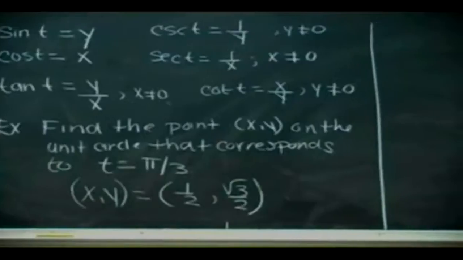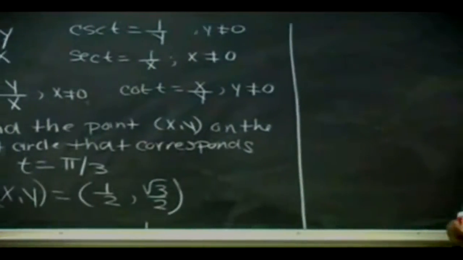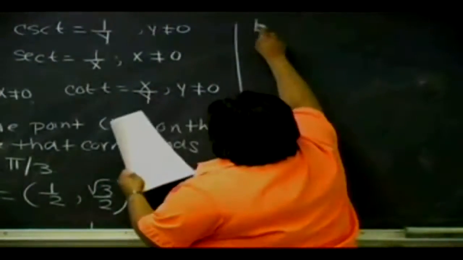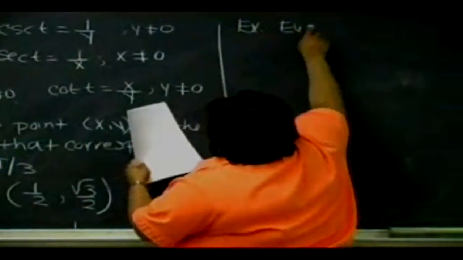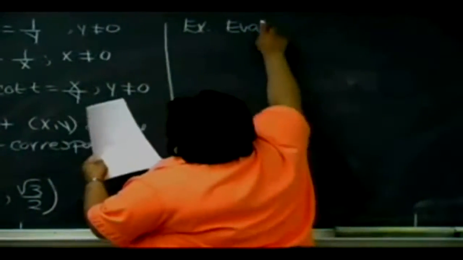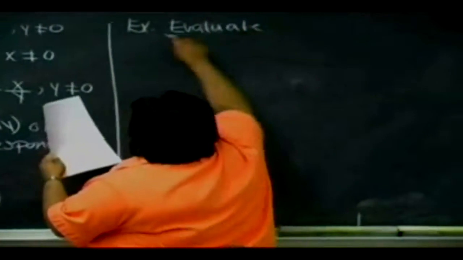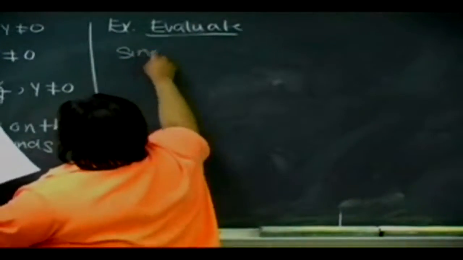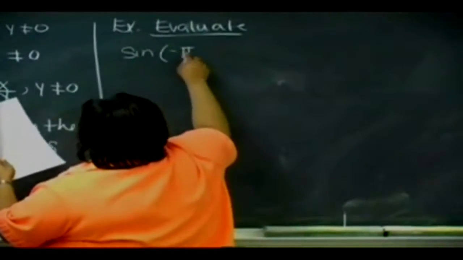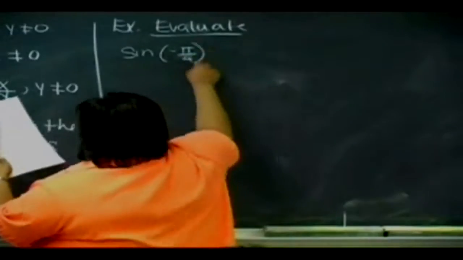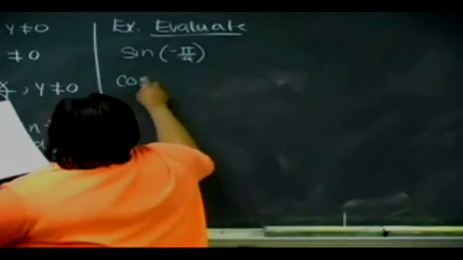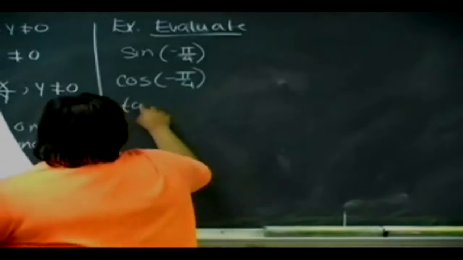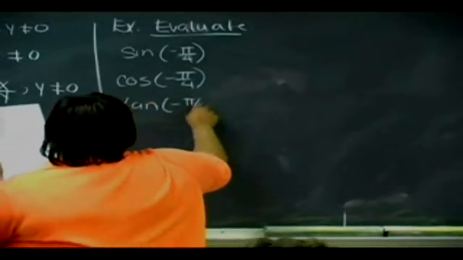Let's do some evaluating here. Let's evaluate the following. Let's evaluate sine of negative pi over 4, cosine of negative pi over 4, and tangent of negative pi over 4.